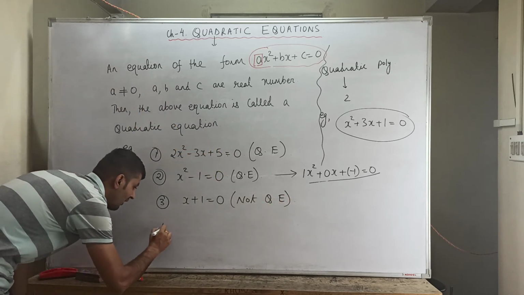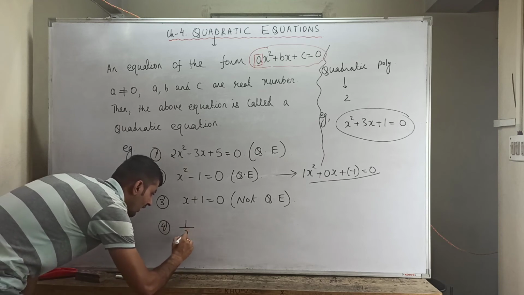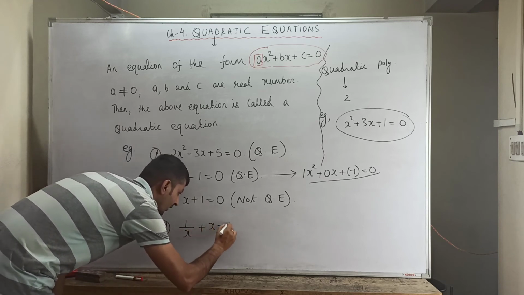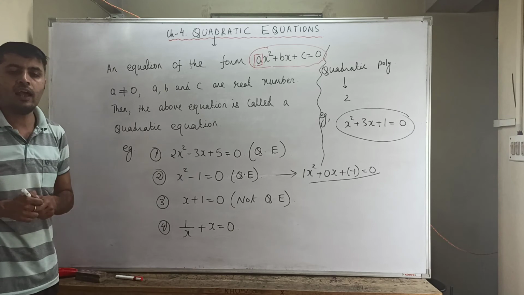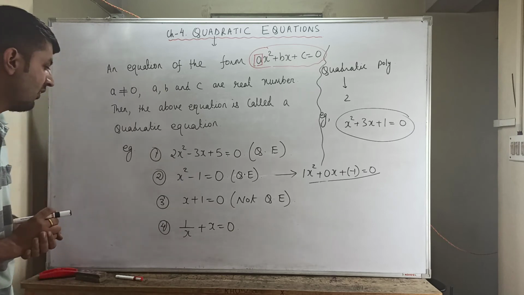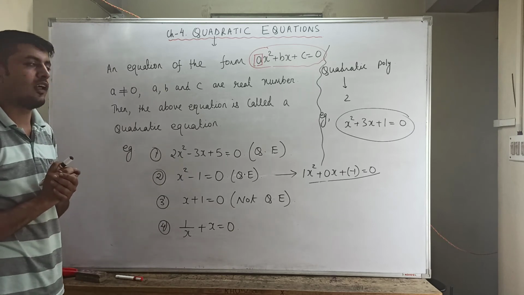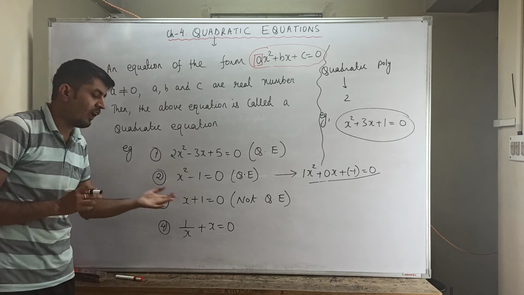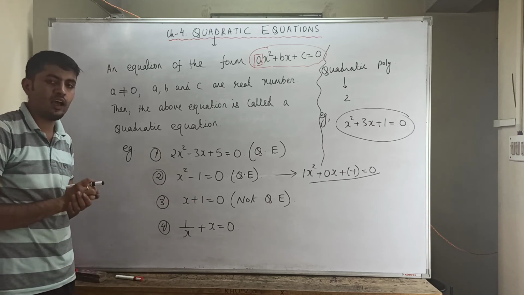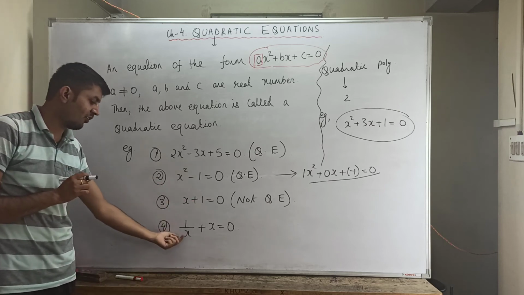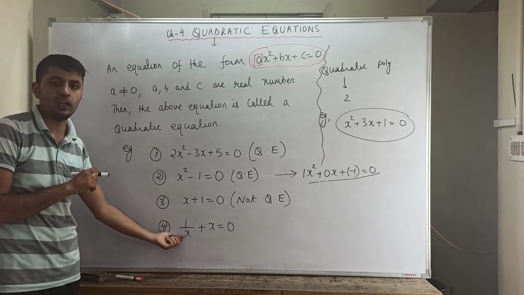Let me take the fourth one: 1 by x plus x equal to 0. Directly I cannot say the highest power of x, because x is in the denominator.